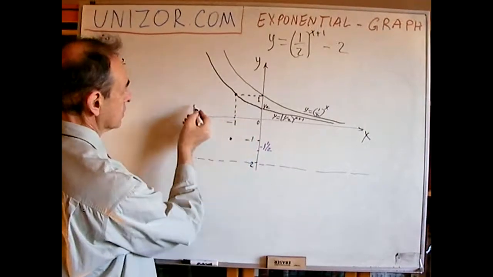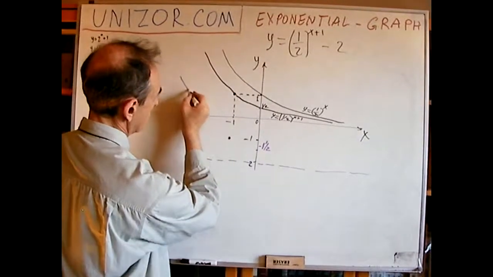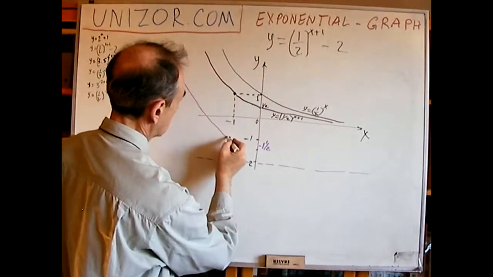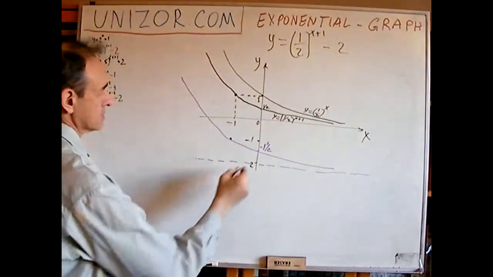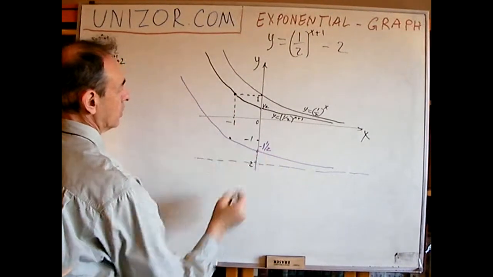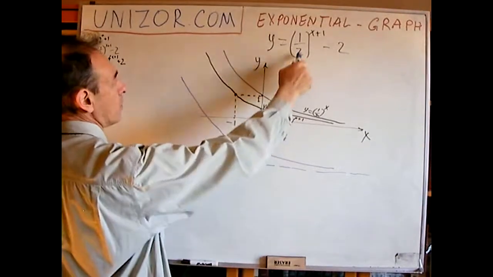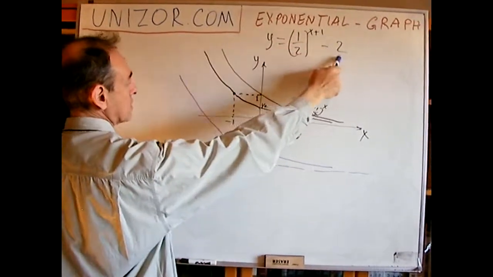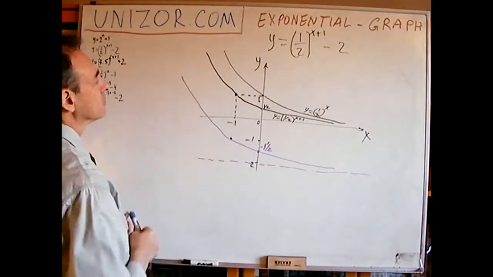And probably it would be interesting to know when this function actually intersects the x-axis, because the behavior would be like this, right? So this is one interesting point. We have already calculated it. When x is equal to 0, it's 1/2 minus 2, which is minus 1.5. Now, when does the function equal 0?